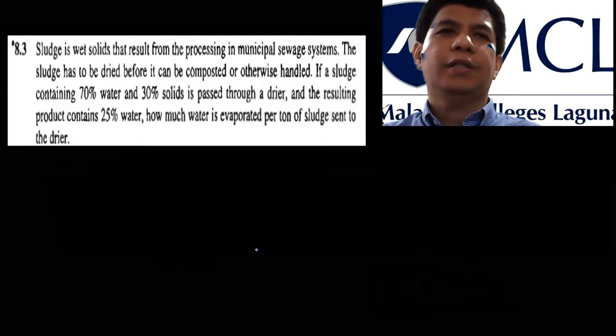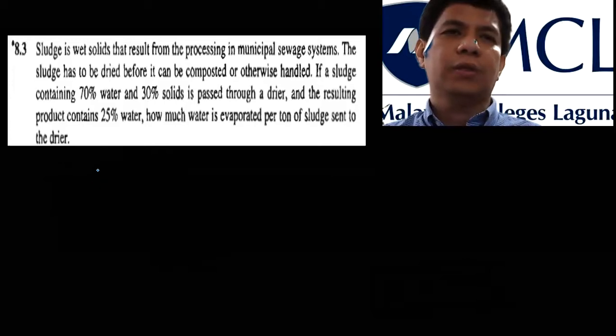So this is another drying process. Originally, the sludge contains 70% water, and then after drying, the water content of the sludge is reduced to 25%. So the question is, how much water is removed or evaporated per ton of sludge sent to the dryer? So first, let's try to draw the diagram.